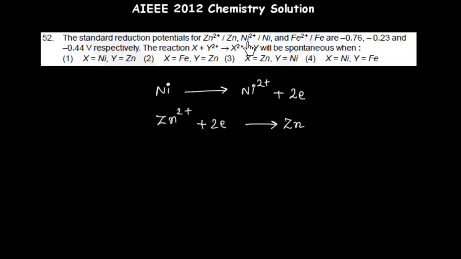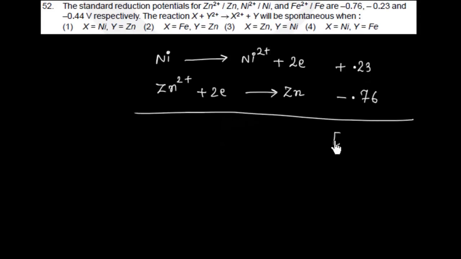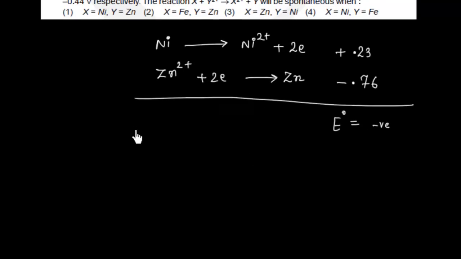Now E degree for Ni2+, that is the reverse of this, I will have plus 0.23 because reduction potential is given, but now I am writing oxidation potential. Now Zn2+ to zinc, this is minus 0.76. Now if we add these two quantities, E degree is coming out to be negative, so this reaction is not spontaneous.